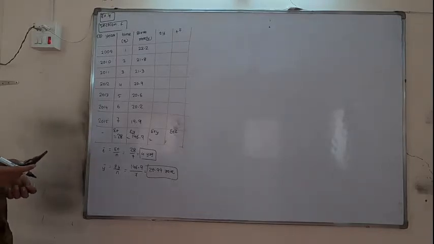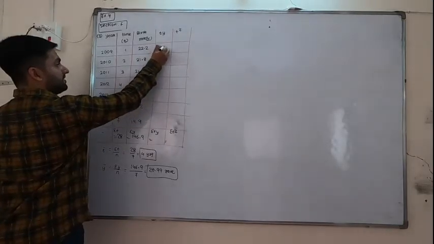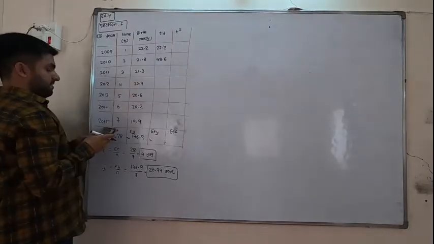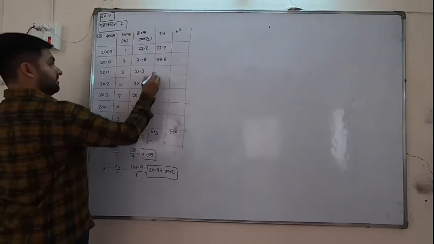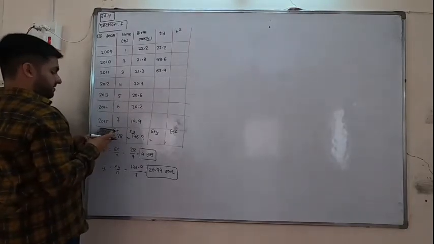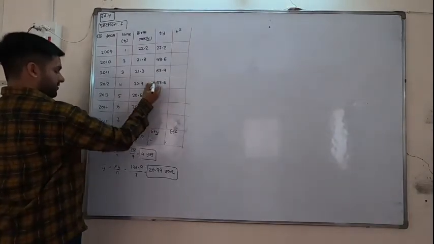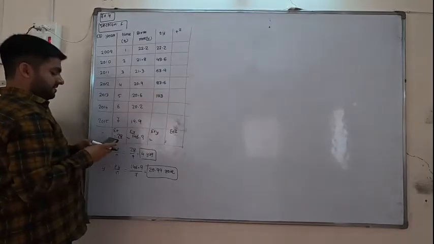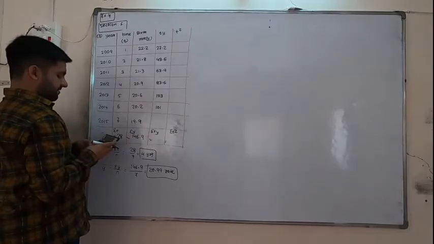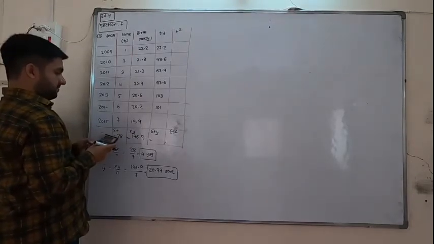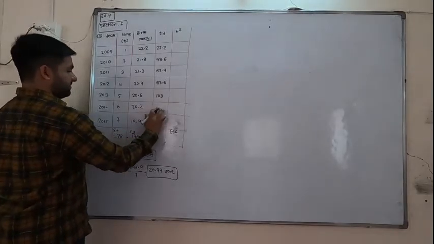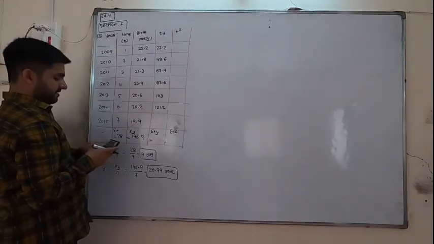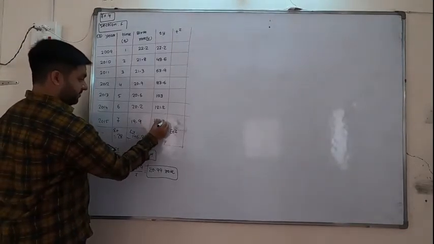20.9857, so 20.99. 22.2 into 1 is 22.2. 21.8 into 2, 43.6. 21.3 into 3, 63.9. 20.9 into 4, 83.6. 20.6 into 5, 103. 20.2 into 6 is, my mistake, 121.2. 19.9 into 7, 139.3.